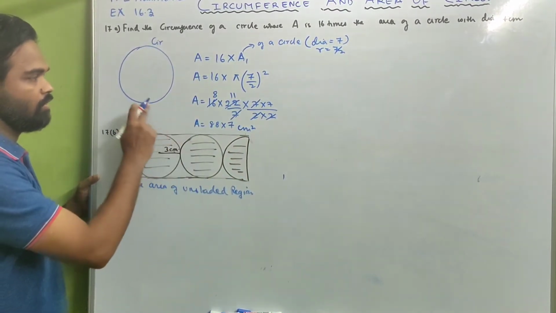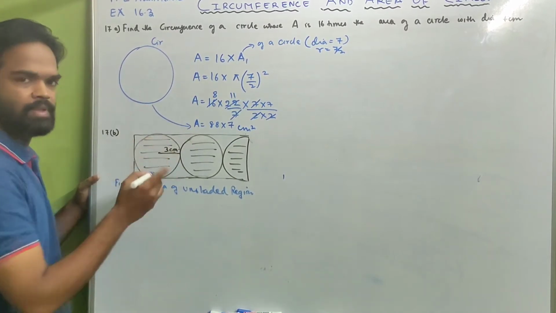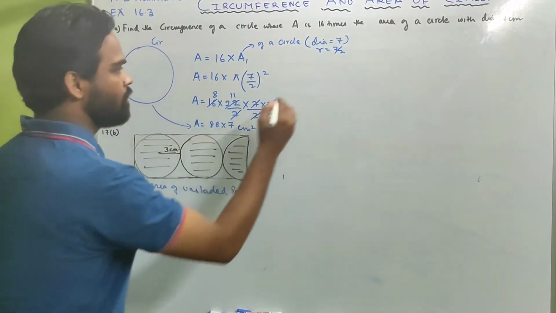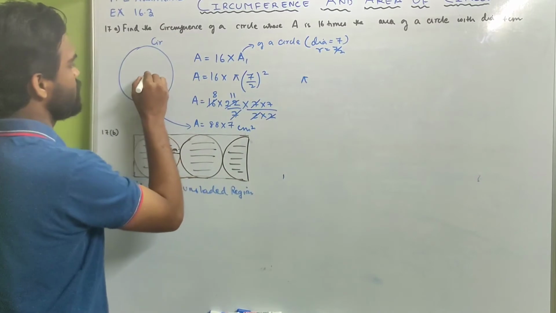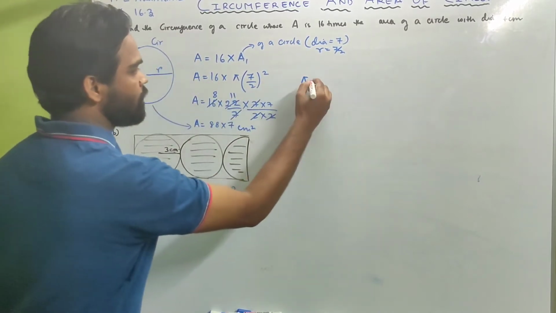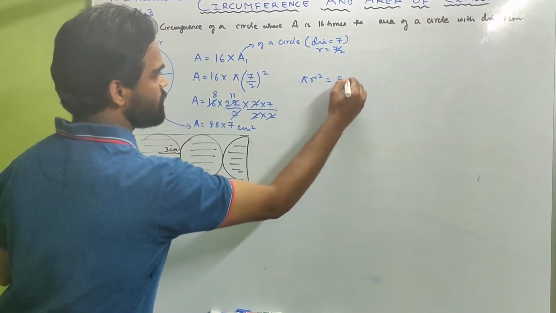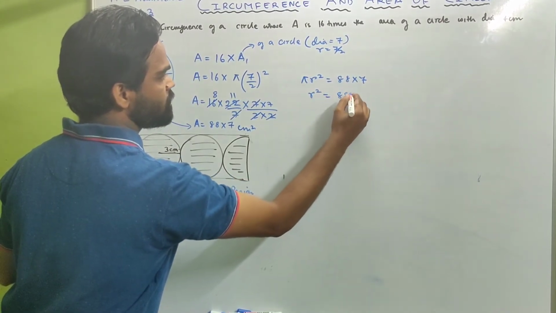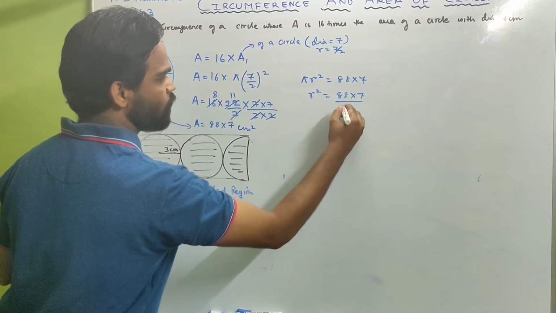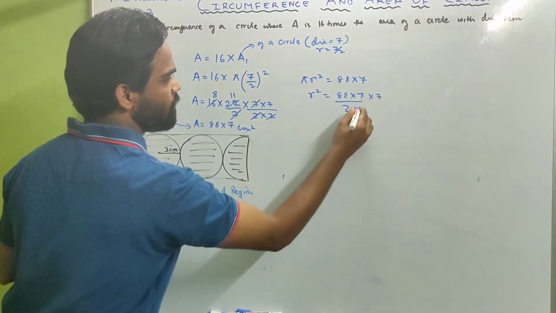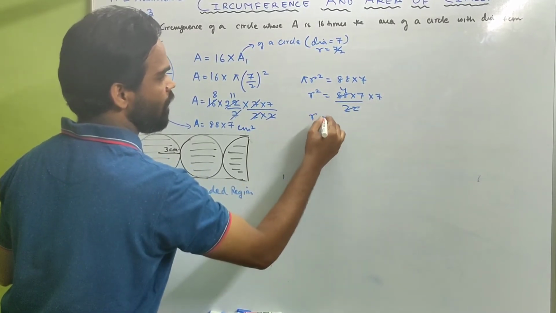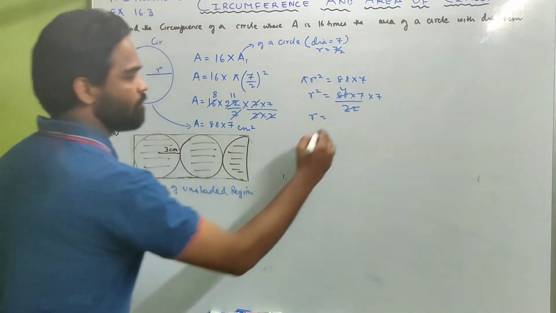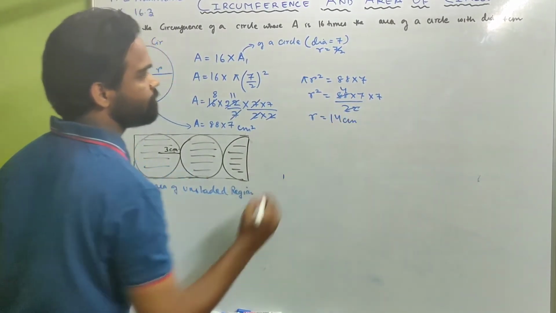So with the help of the area of this circle, we can get the radius. How? Suppose the radius is small r, then pi r square is 88 multiplied by 7, which means r square is 88 multiplied by 7 by pi. Pi is 22 by 7. This is 4 times, which means r is 14 centimeter.